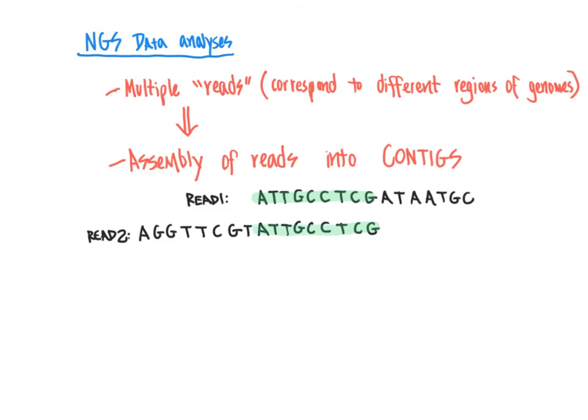And so as a result, those two fragments of the genome would be assembled using specialized computer programs that are designed for whatever next generation sequencing method you use to generate these data, to create an assembled contig. The contig is what results, again, from joining together multiple reads.